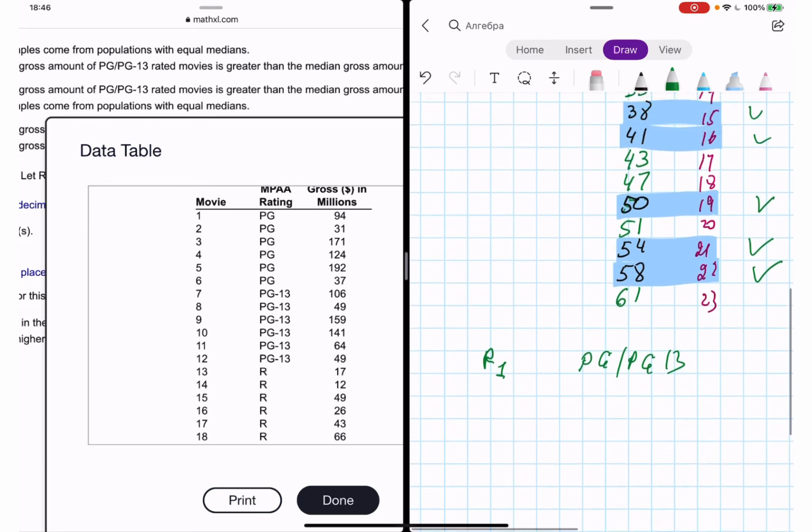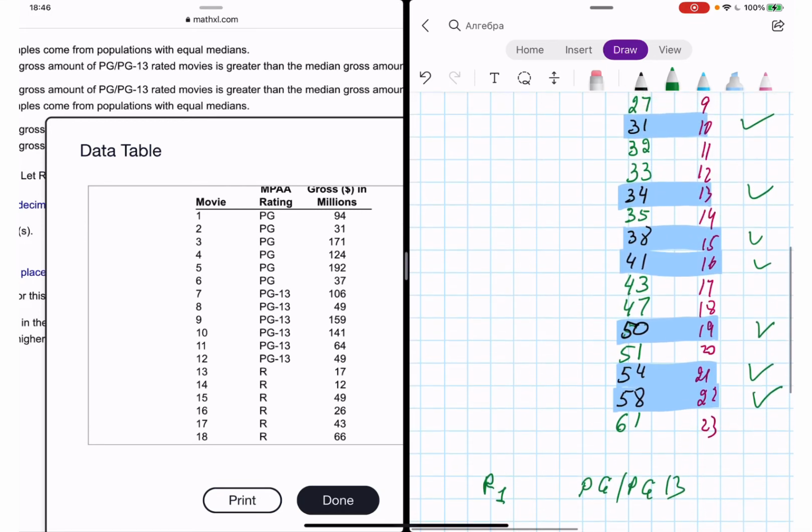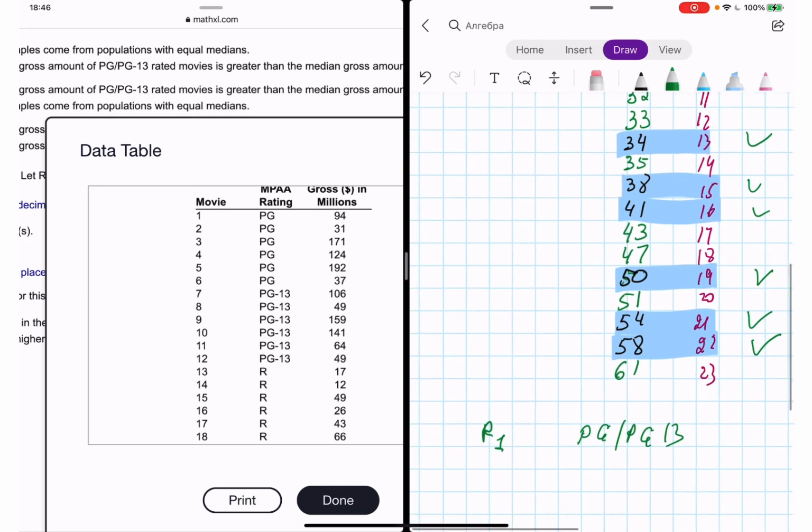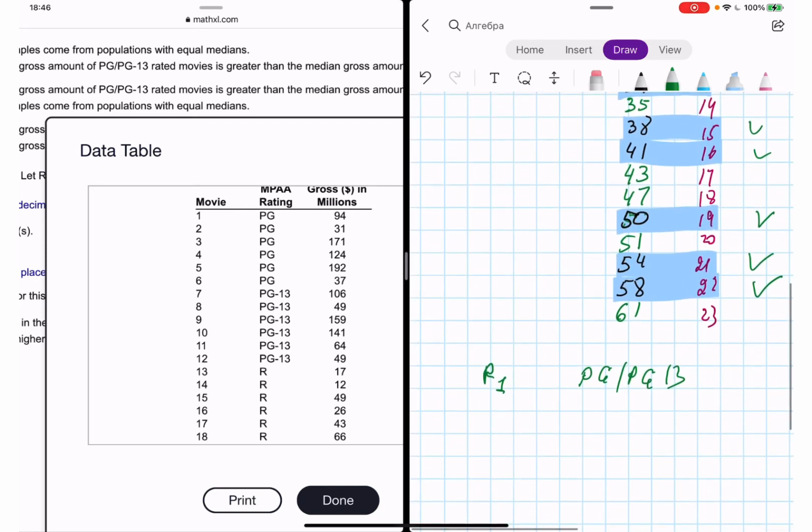And then, like I did in the previous case, either change the color so you would recognize which one it is, or just write down in front PG or PG-13 or R. There are 3 types of samples. Then add up the ranks for R1, which is PG, PG-13. And that's what we are going to use.